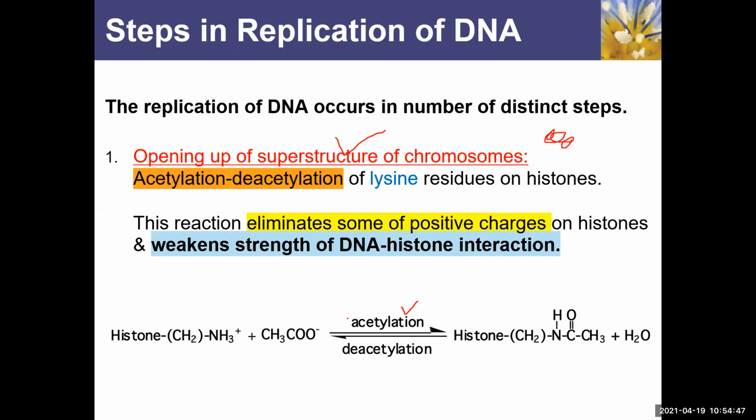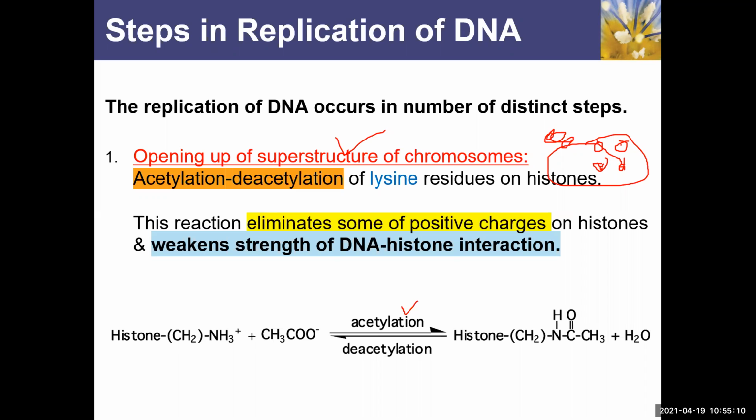Once the acetylation of the histone proteins is caused, it removes the positive charge of the histone, isn't it? If you remember, I told you that histone proteins are all positive in charge, and DNA is all negative in charge. So unlike charges attract each other, that's why they are together.